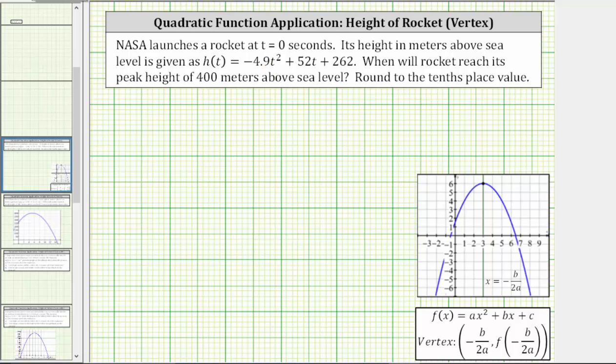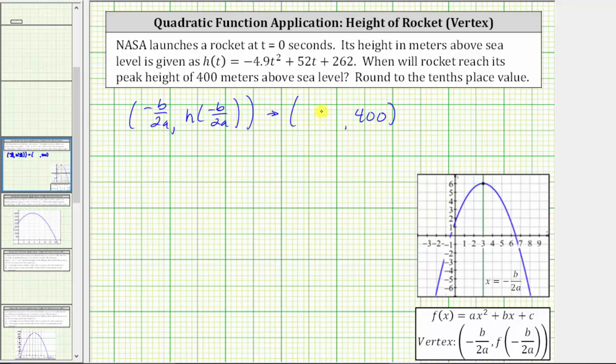So if we recognize we are looking for the vertex, this is a very straightforward question. Again, the vertex has an input or t value of negative b divided by 2a, and the output or function value is h of negative b divided by 2a. In our case, we already know that the output is 400.